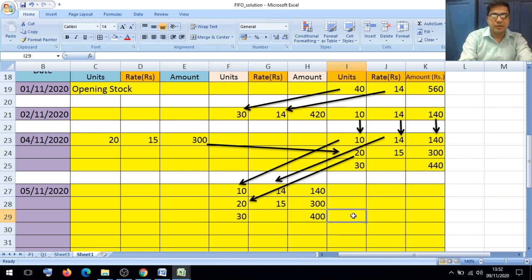In this particular day there is no balance of units in closing. Closing is 0. I hope you understood this 5th November transaction.